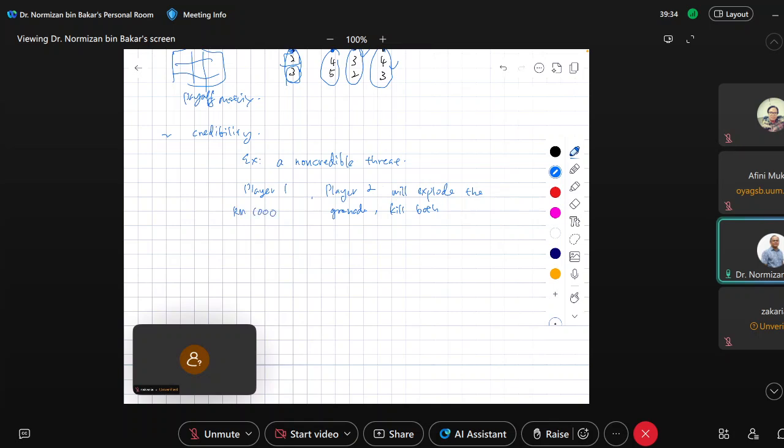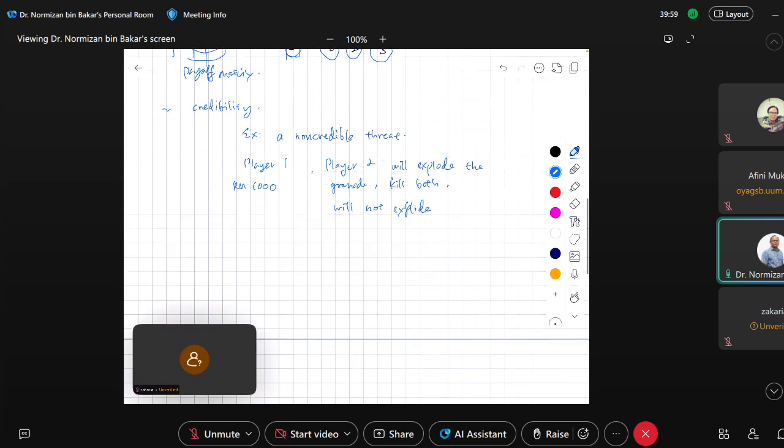Player two will not explode the grenade if player one gives 1,000 ringgit.